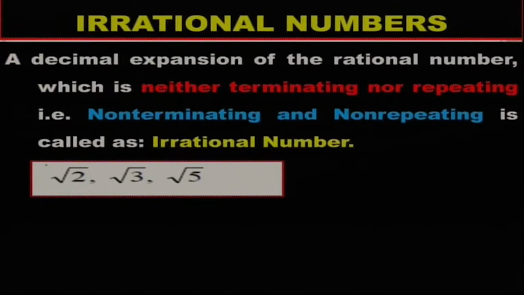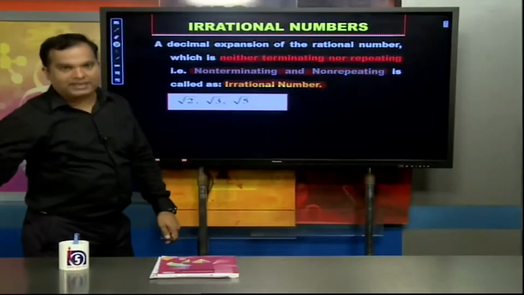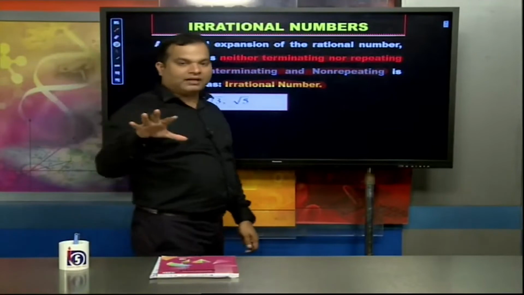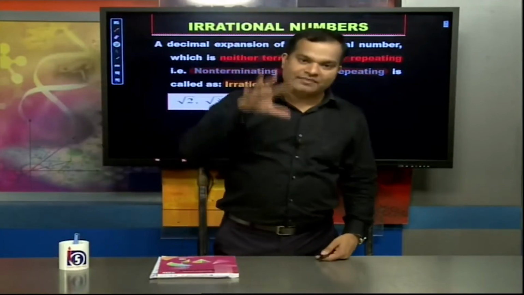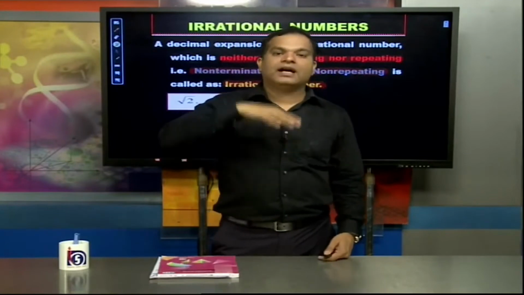Or simply I can say, a number whose decimal expansion is neither terminating nor repeating, that is non-terminating and non-repeating, is known as an irrational number. So one is a rational number, another is an irrational number.